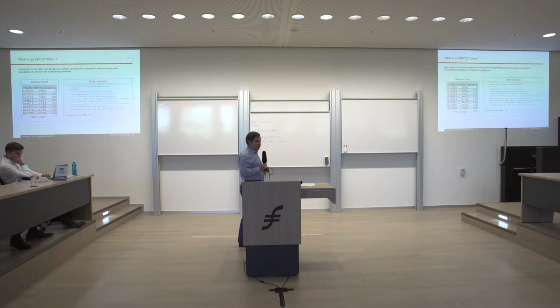The standard itself defines a certain interface, certain functions I can act on, and one of them is the so-called transfer function, where I can send tokens to a different address, and basically everything that happens in this case is that this balance sheet will be changed. So when you do the minting procedure, what you actually do is fill in this balance sheet in the correct way.